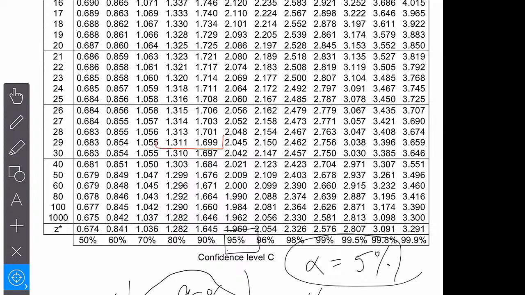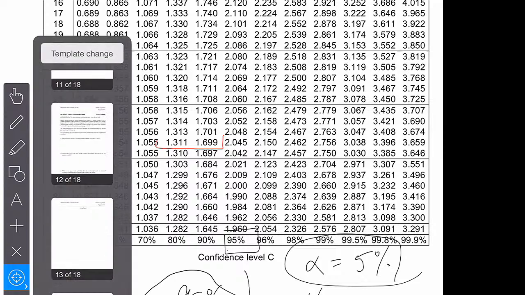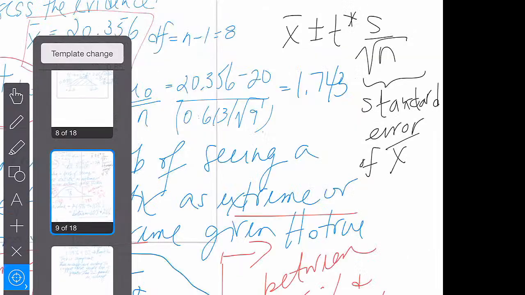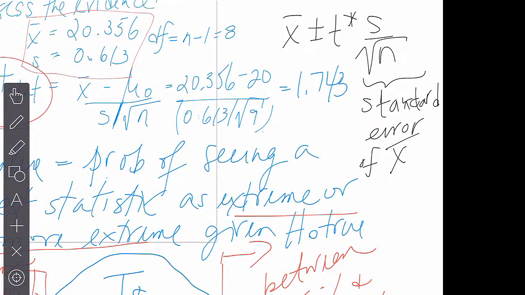So if we go back, which one do we want? How many observations were there in this problem? Degrees of freedom was 8, so we need the t star for 8. What's the t for 8 degrees of freedom and 95% confidence?